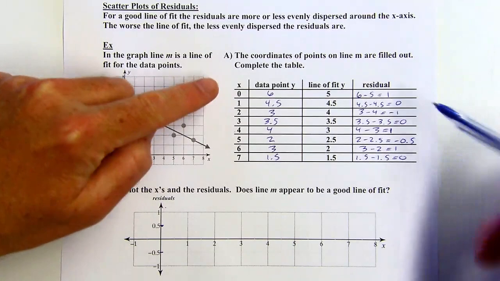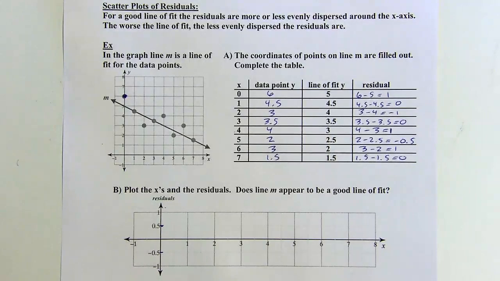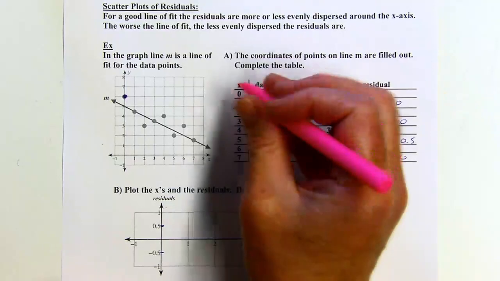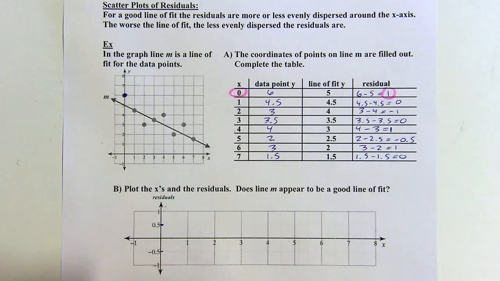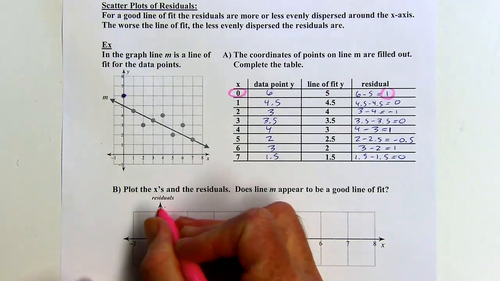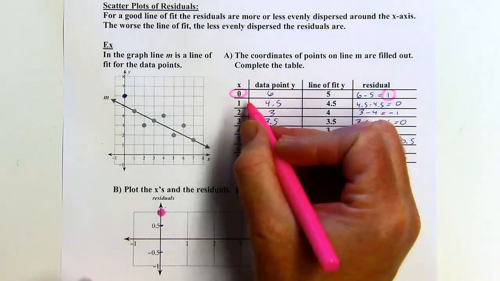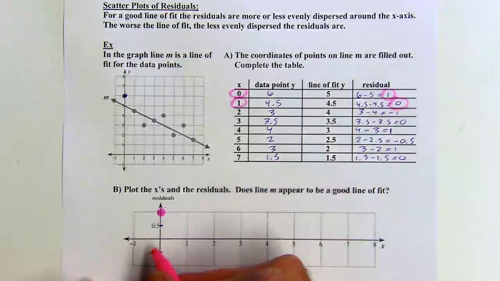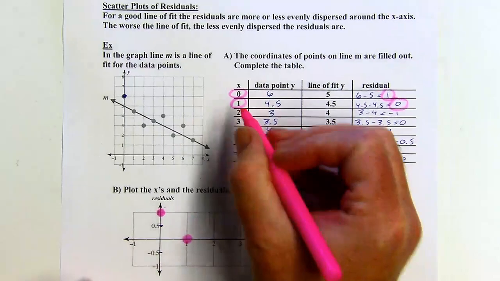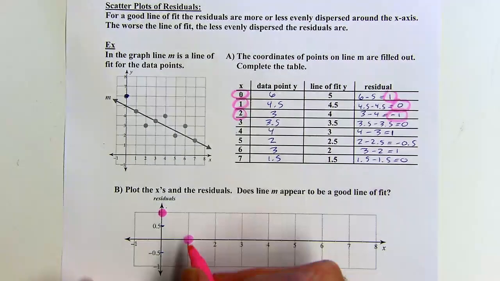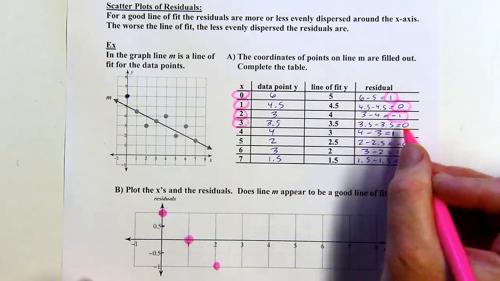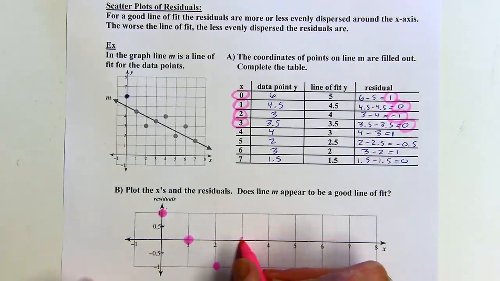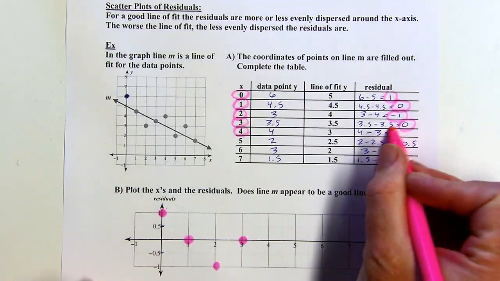So if you look at the x and the residual from this first row, my x is 0, my residual is 1. So I'm going to be plotting the point 0, 1. Well, here it is, right? And then I've got 1, 0. So 1, 0 is right here. 2, negative 1. 3, 0. 4, 1.